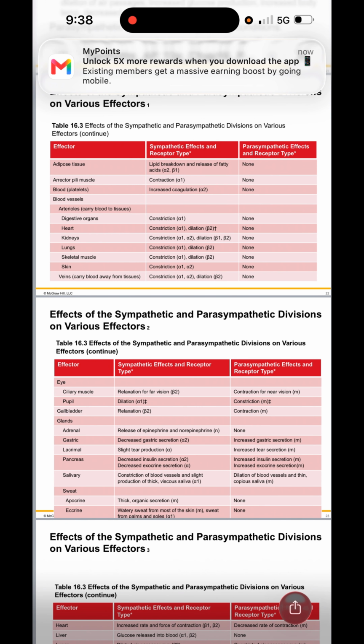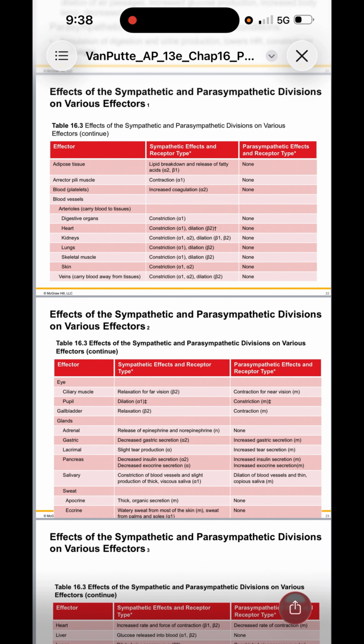Effector, lungs: constriction alpha 1, dilation beta 2; parasympathetic, none. Effector, skeletal muscle: sympathetic, constriction alpha 1 and dilation beta 2; parasympathetic, none.